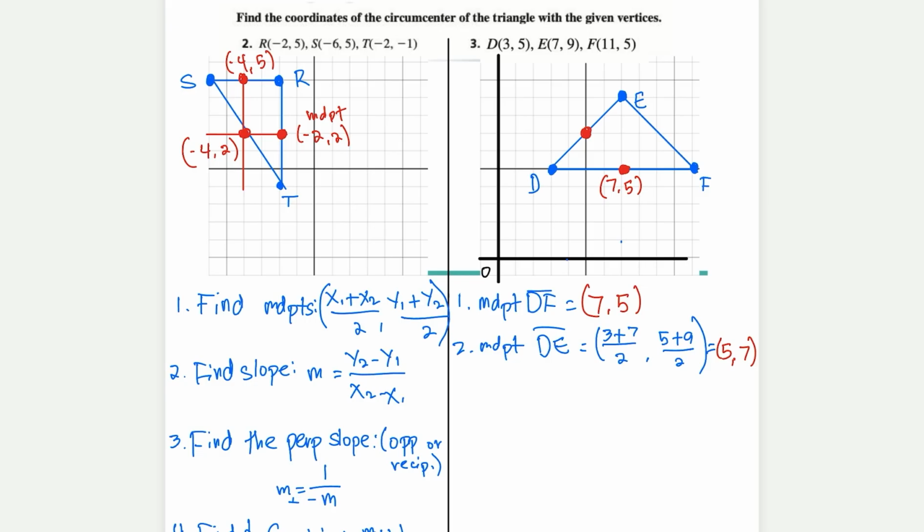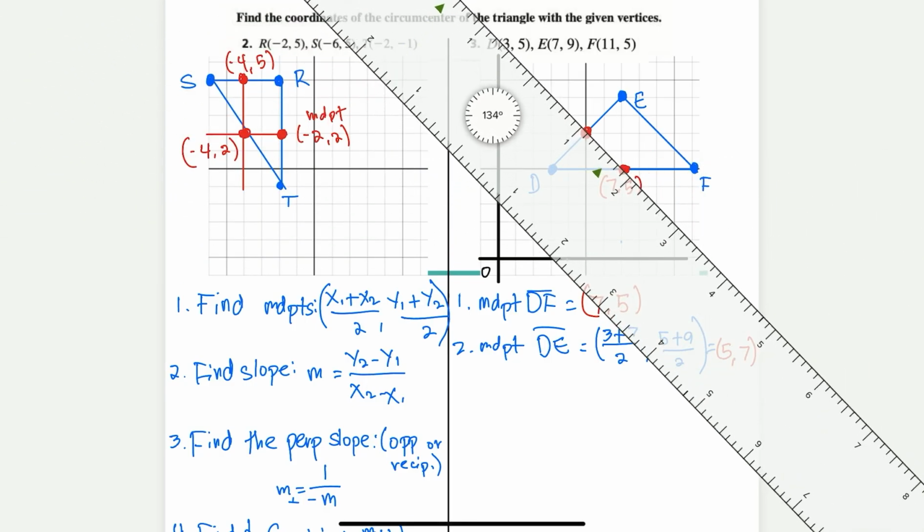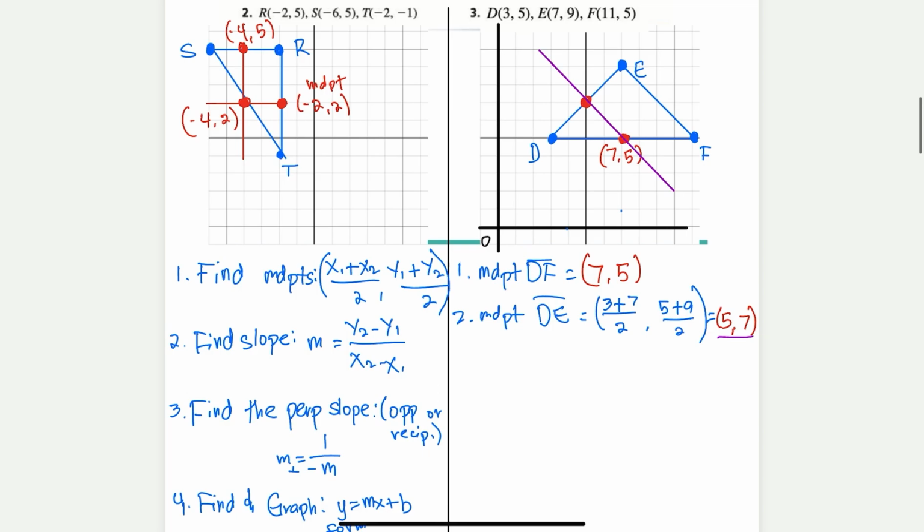And then for finding the equation of that line, because we're gonna make a line here, we need to find the equation of this line. We're gonna use this as our midpoint, and also the coordinates of D and E to find the slope first.